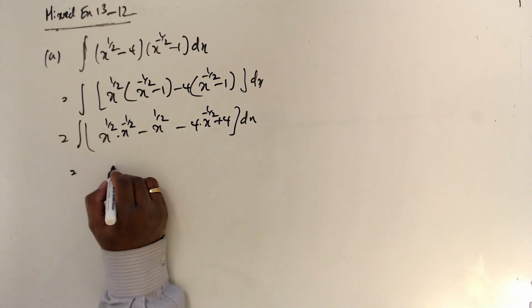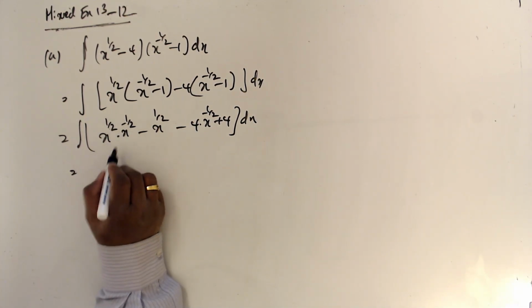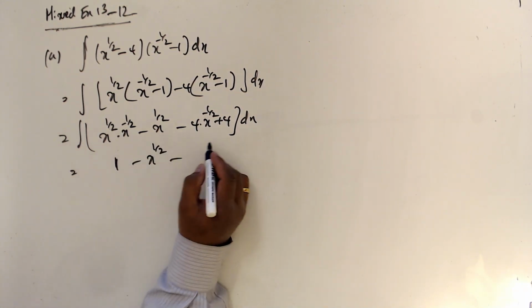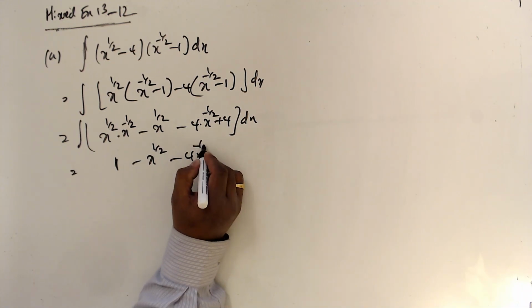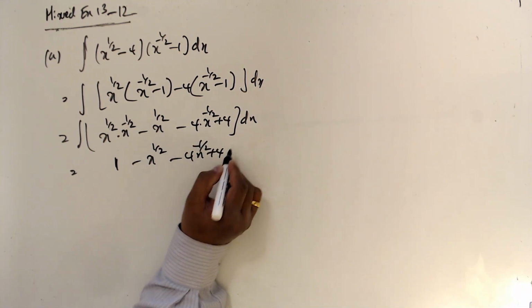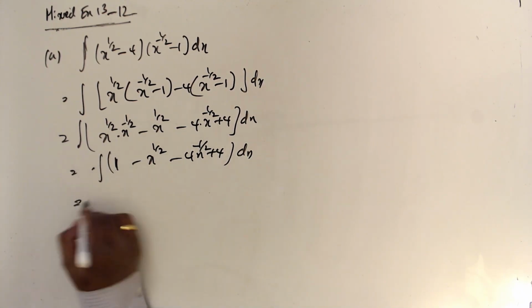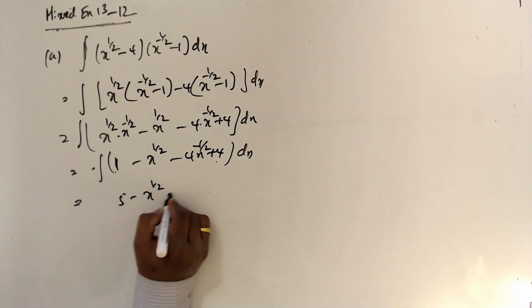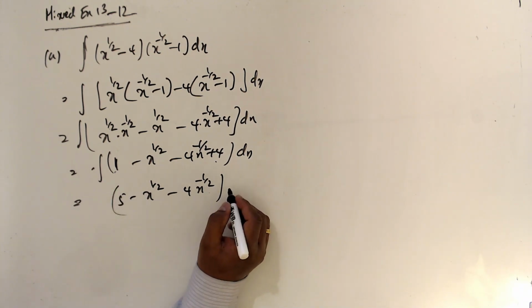So this is going to be x to the half times x to the minus half, when you add the powers they cancel out, x to the 0 is 1. Minus x to the half, minus 4x to the minus half plus 4, dx. So this is going to be 4 plus 1, 5, minus x to the half, minus 4x to the minus half, dx.